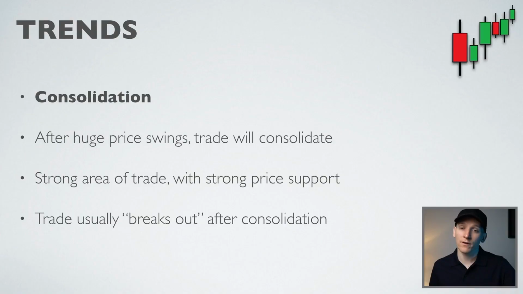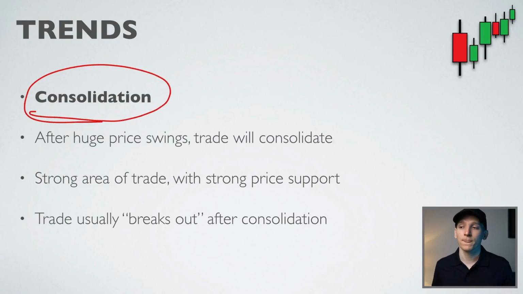Consolidation is what happens after a big move in the price. And the problem with huge price moves is they're unpredictable, and they often happen and you can't really predict where the price will be, or whether the price it's trading at now is going to be solid, or whether it's going to come off. So what I look for, and a lot of other professional traders will look for, is consolidation in the price.